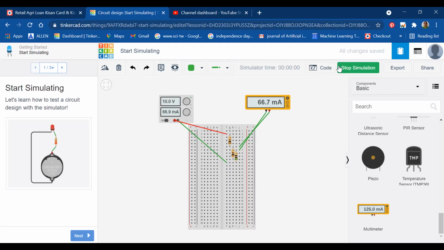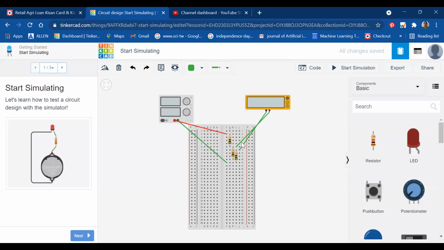So the value of the current for R1 equals 100 ohms is coming out to be 66.7 milliamperes. So now I am going to change the connections, and again vary just like this so that we can have all the three values of the current. So that will be less cumbersome.